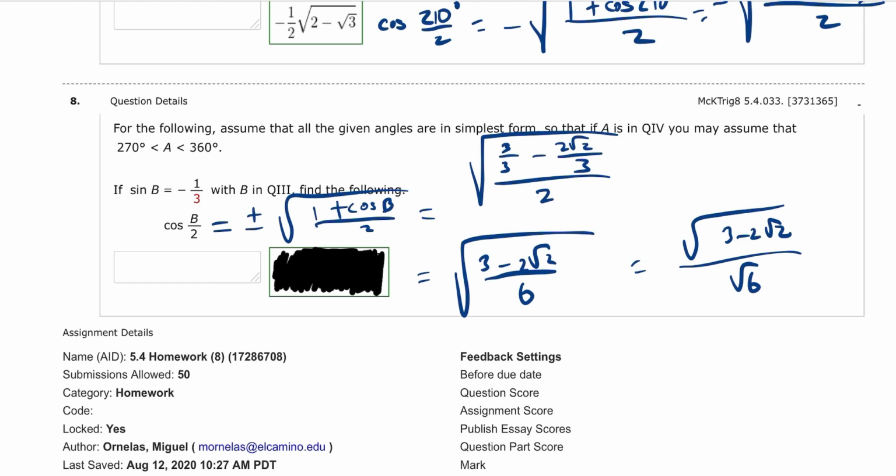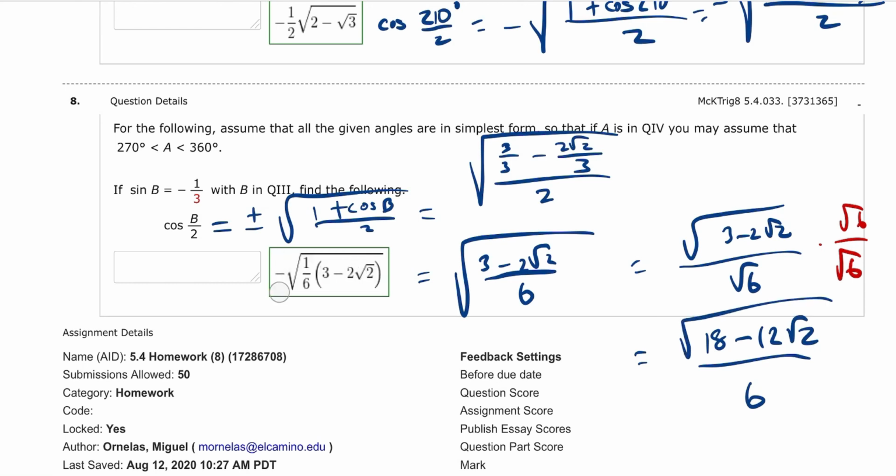They want us to rationalize the denominator. If they do, we just multiply top and bottom by radical 6. So then this would be 6 in the denominator. And then if you multiply by 6 the inside, you're going to get 18 minus 12 radical 2. So that should do it right there.